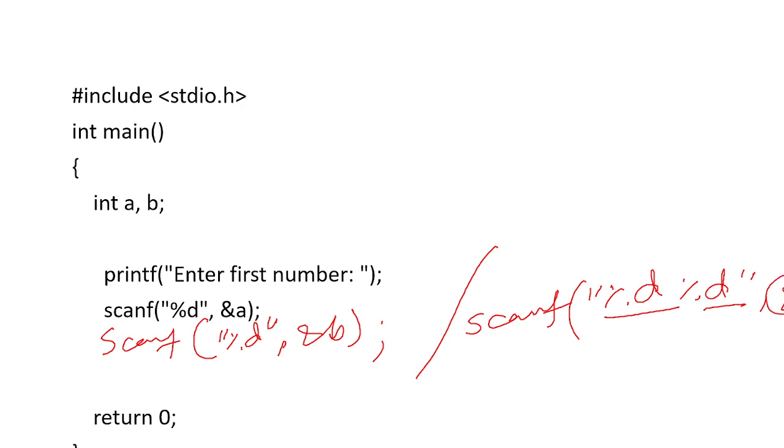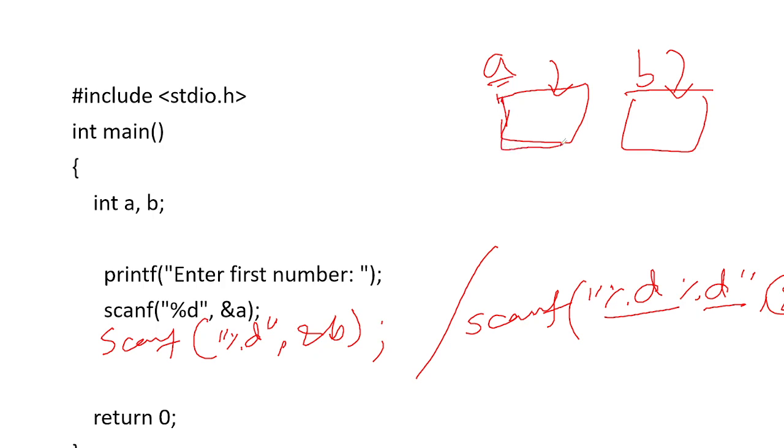This is the address of operator. Later on we will talk about it. Right now you just understand that the value will be stored in the variable a and the value will be stored in the variable b. Ampersand a means the storage area of a, that is the address or location of a, or location of b. So this is about the scanf statement.